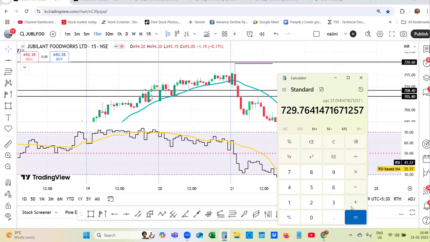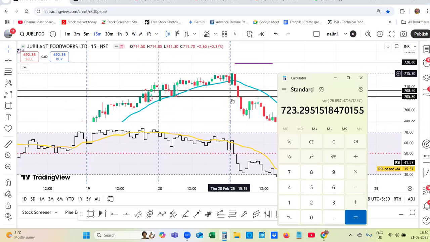Suppose if I check for 0.382, 703 square root plus 0.38, you are getting this value, square it off, you are getting the target to be only 0.38.